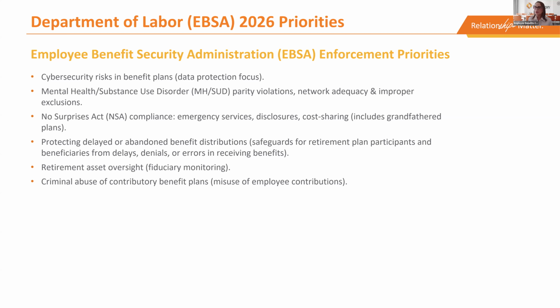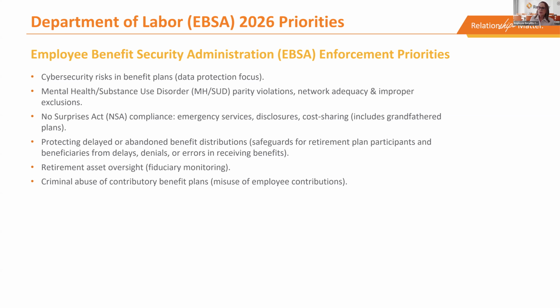And then the next two are really about the retirement plan benefits. So just know they're there. The protection of delayed or abandoned benefit distributions, those are really safeguards for retirement plan participants and beneficiaries due to delays, denials, or errors in receiving benefits.